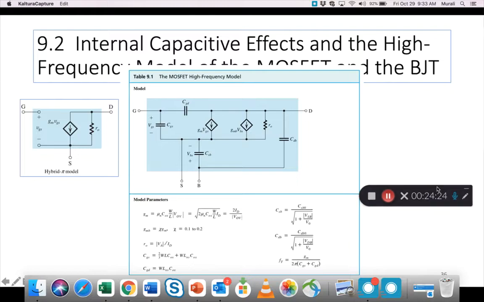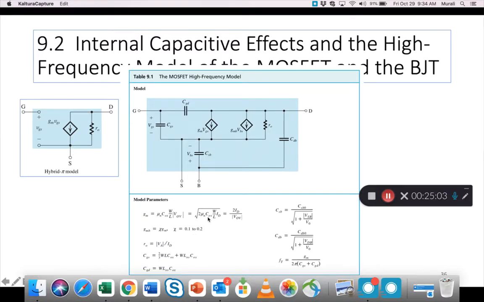Here is a nice summary in table 9.1 in your textbook of everything that we have studied so far on the MOSFET high frequency model. So this is the original hybrid model that I just copied here to show you, and this is the more complex high frequency model. So once your capacitances start appearing, this little thing becomes much more complex, and then all the formulas you require to solve problems. Gm, I told you there's a new GMB which has a complex formula here.